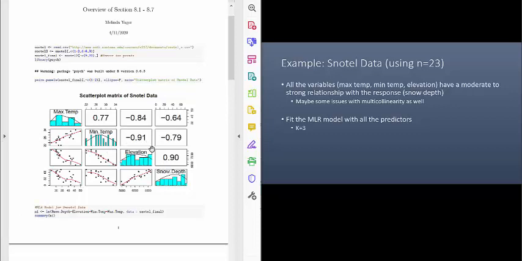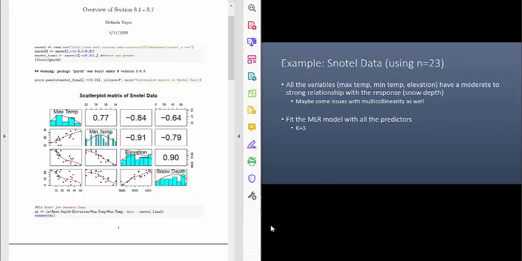We can see that all of the variables have a moderate to strong relationship with the response, snow depth. Elevation has the largest correlation coefficient for our relationship between the predictors and the response variable. We can also see that we have strong correlation between minimum temperature and elevation and maximum temperature and elevation.